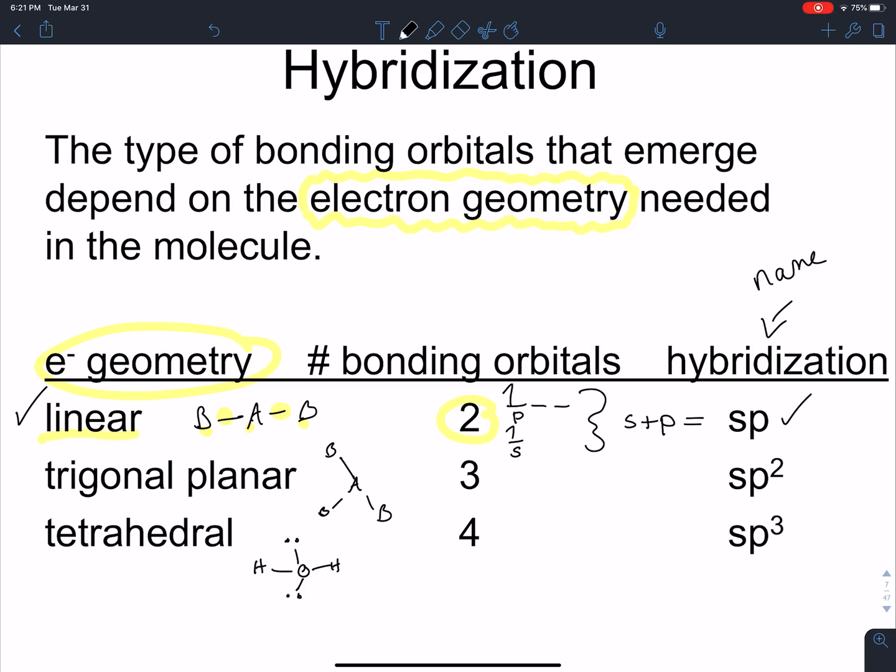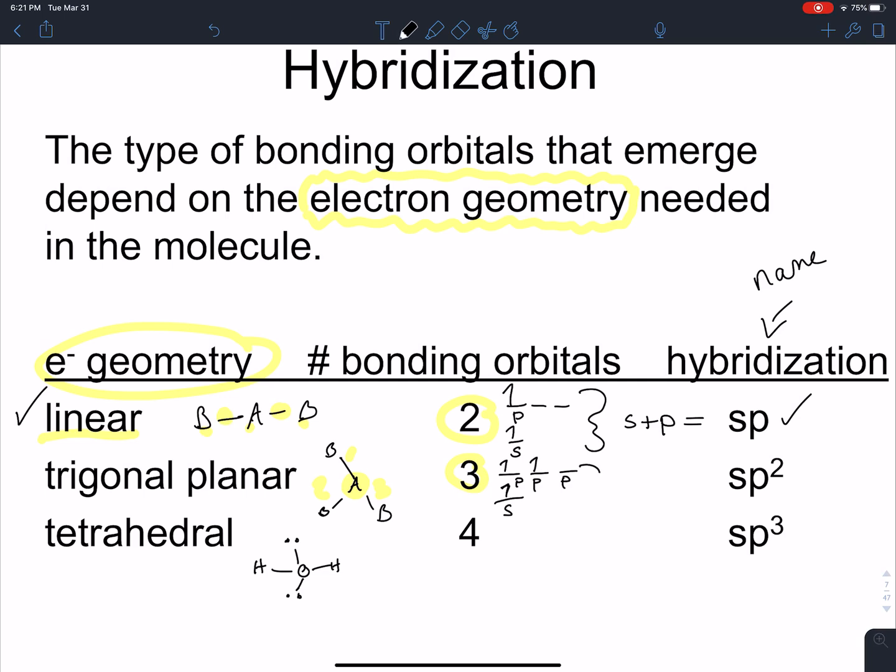Let's see how the trigonal planar example works out. So we have a trigonal planar molecule here. A is the central atom. How many electron regions surround it? 1, 2, 3, so 3. Where did those electrons originate? Well, there would have always been 1 electron in the s orbital, because remember, according to Linus Pauling, any other electrons would have been boosted first.